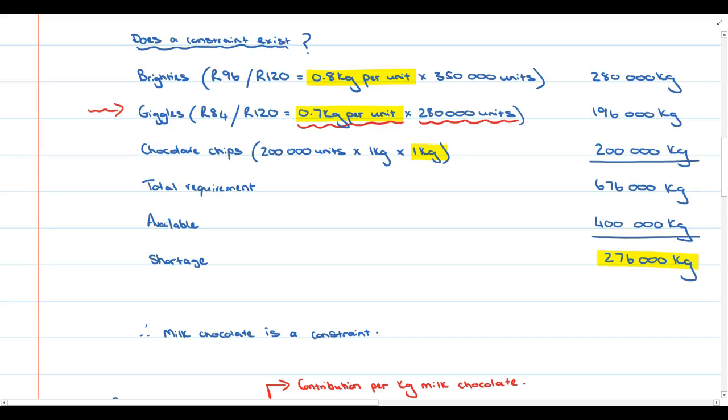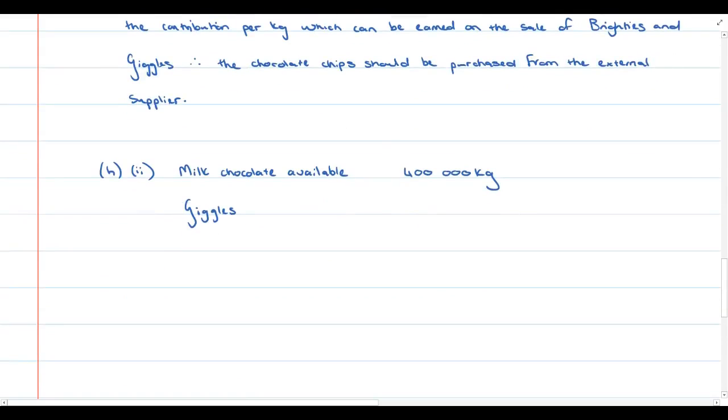So in order to make 280,000 units, they need 196,000 kilograms of milk chocolate. So that then leaves 204,000 kilograms for the production of the next best product.